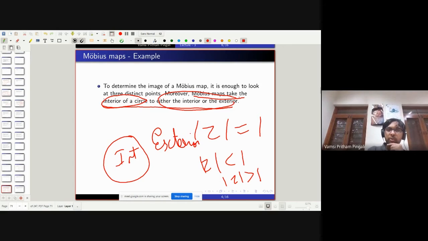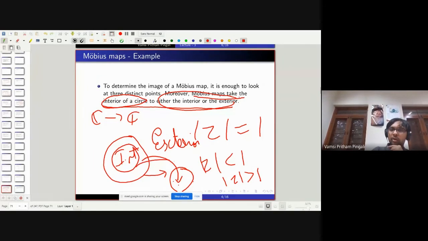I claim that suppose I take a Mobius map from C to C, and take any circle. Suppose this circle goes to another circle, not to a straight line. I claim that the interior of this either goes inside this or outside this.